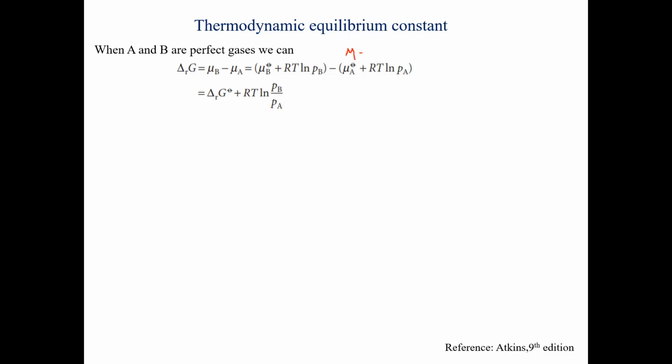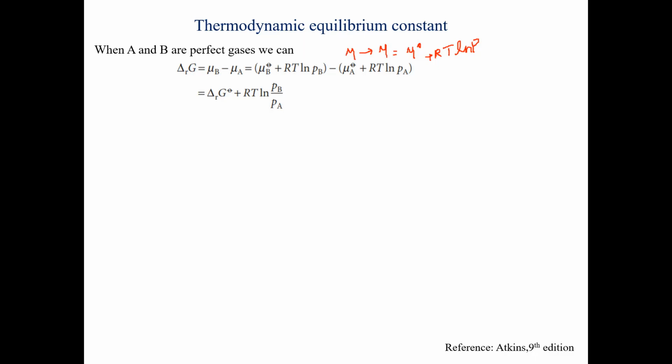Mu is nothing other than chemical potential, and we know mu equals mu 0 plus RT ln P. Now, for mu B and mu A, we substitute into this equation, and this becomes mu B 0 plus RT ln PB minus mu A 0 plus RT ln PA.